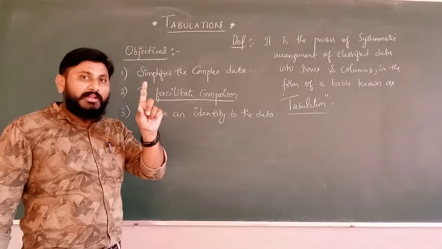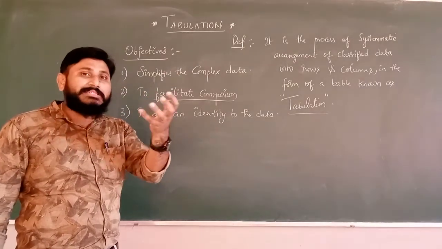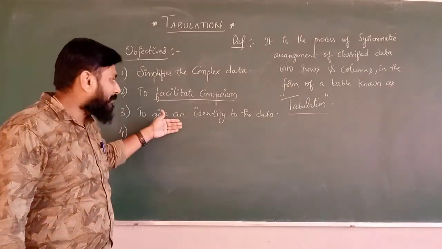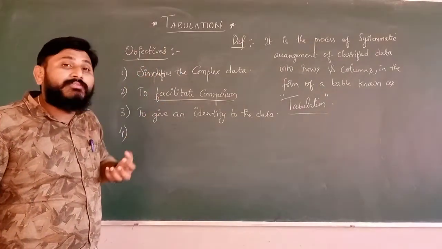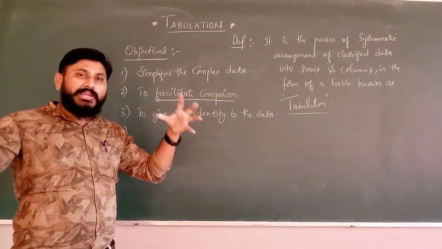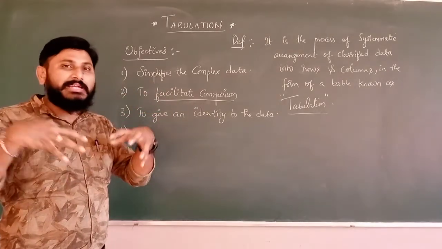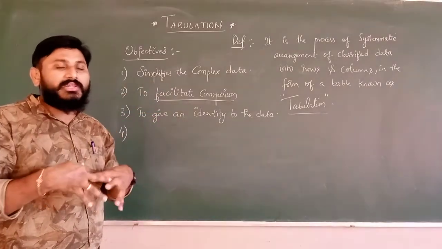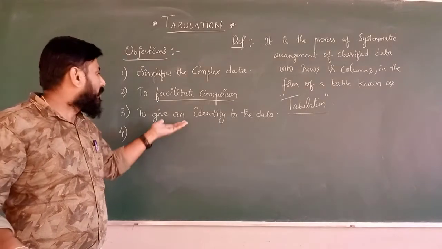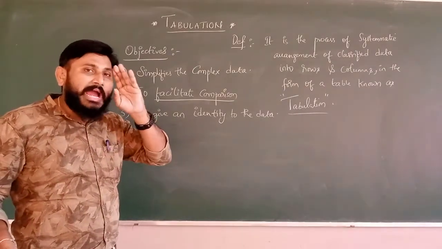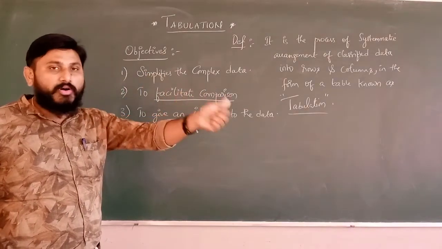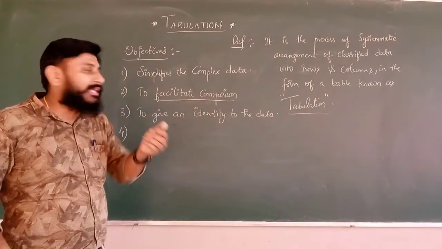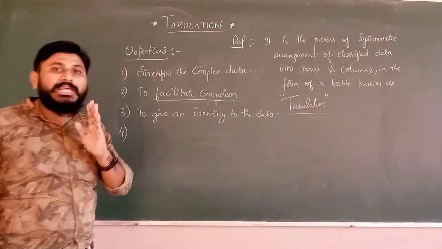Because of the title, the entire information gets an identity. Even the same thing in the tabulation form, we get identity if you are compressing and condensing the huge data in a tabular form. There, to give clear identity to the data, what exactly this table is meant for. That identity this tabulation form will give.